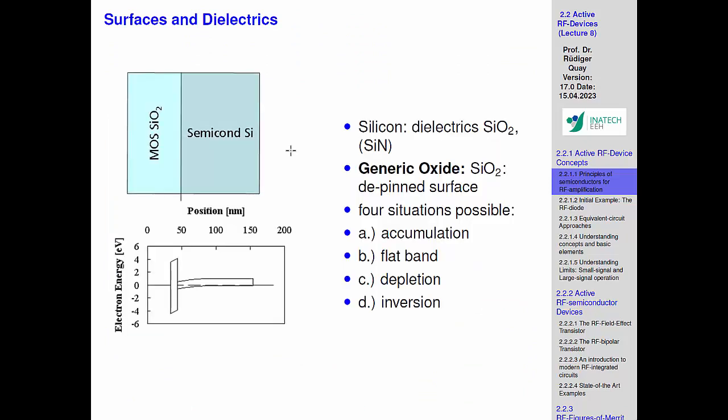The first idea is something extremely important, and it's surprising that not so many people know it: the nature of the silicon dioxide silicon interface is quite exceptional. This is why we use silicon most of the time, because when you have a surface of a material, a lot of things can happen.